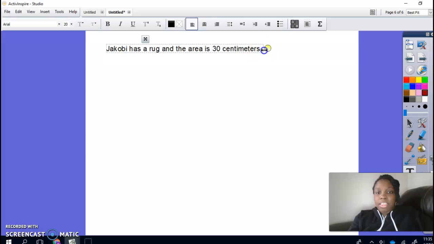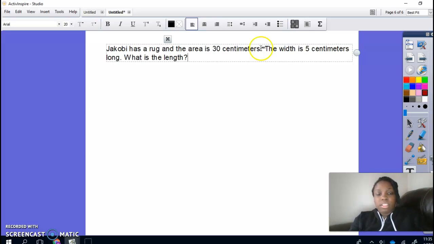Okay. And let's think about what would the width, let's do the width. The width is 5 centimeters long. What is the length?